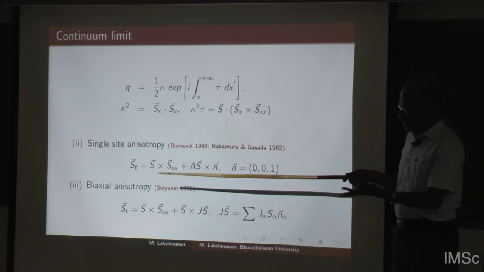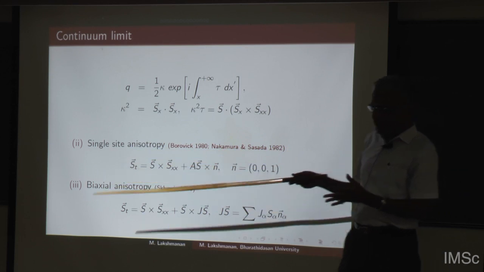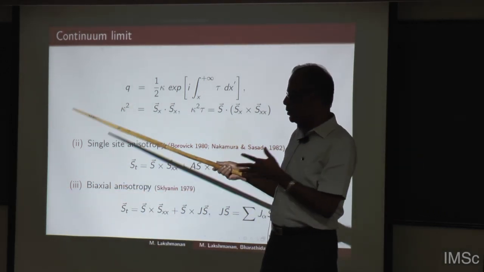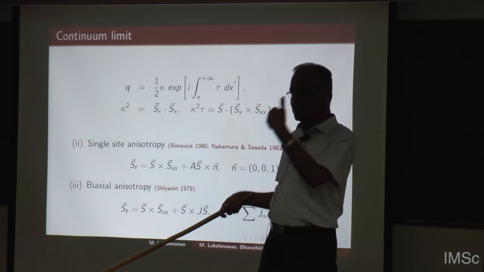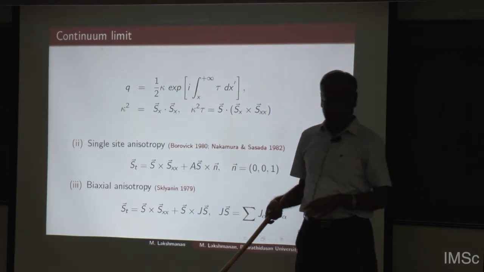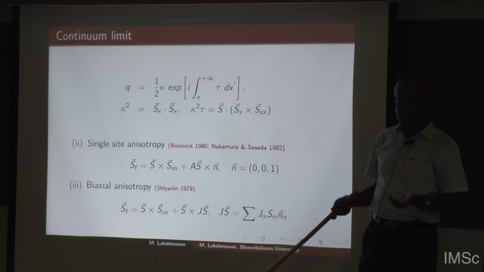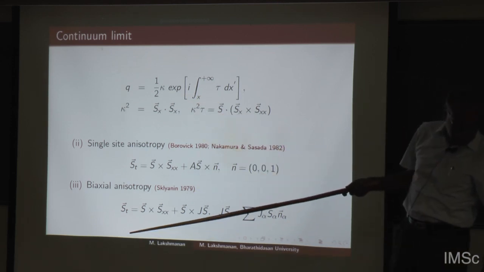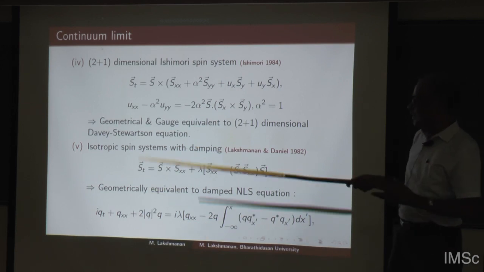And I showed that in the limit lattice parameter a tending to 0, I got this isotropic case and so on. But you can also go to the next orders and so on. And these equations are also found to be again integrable using these geometrical notions and other things. But I will not go into the details.